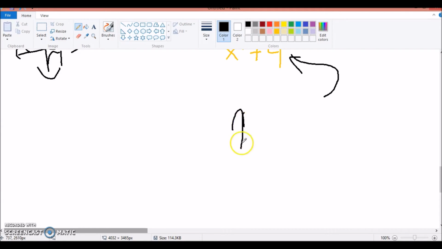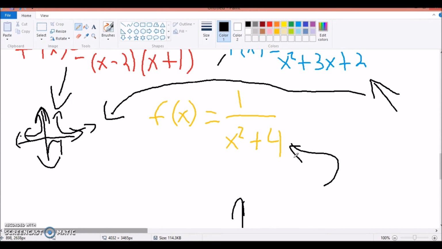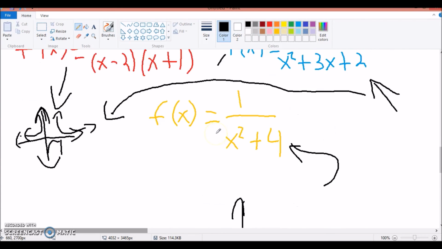The function would look similar to this, where the y-intercept is there and it will go down like this. Since you cannot factor the denominator, you can solve for the y-intercept, which will help you solve for the range, and the horizontal asymptote is already y = 0.